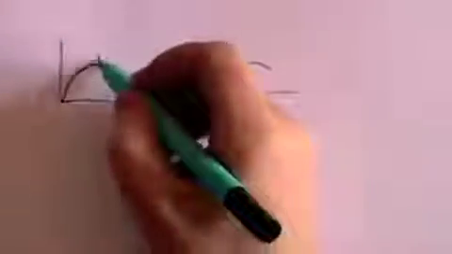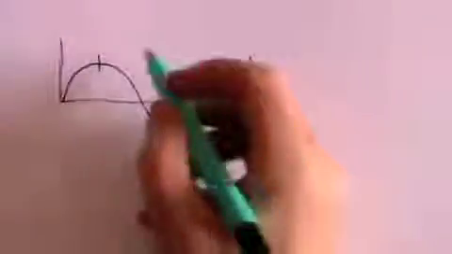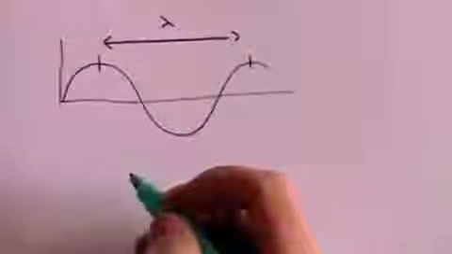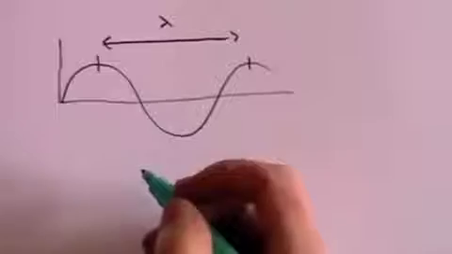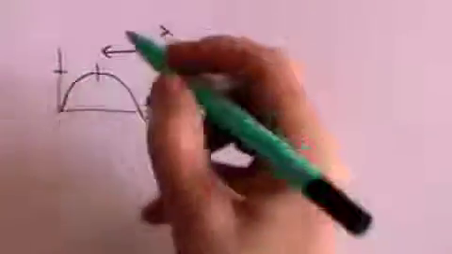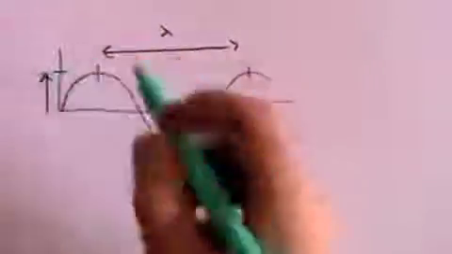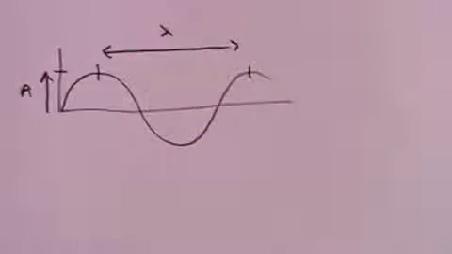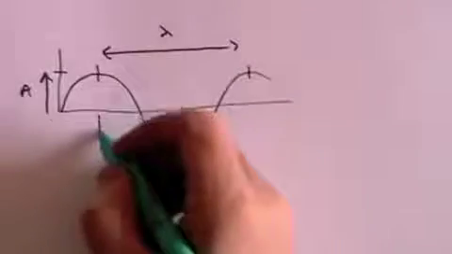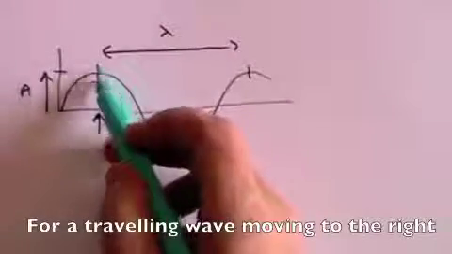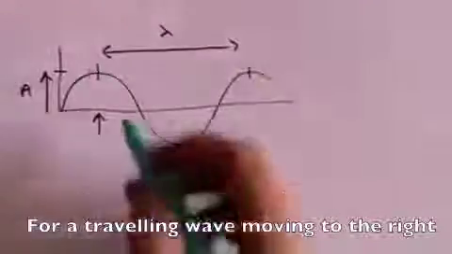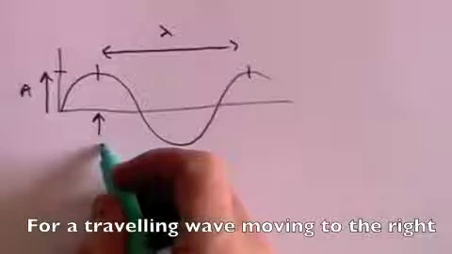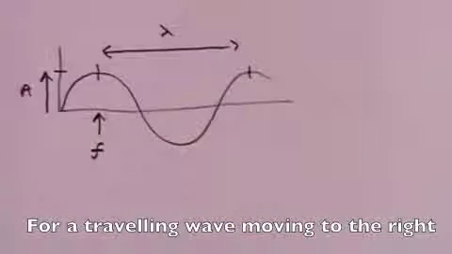And we say that the distance between two crests is the wavelength, lambda. And the maximum displacement is called the amplitude, A. We say that the number of crests that pass a point in 1 second is called the frequency.